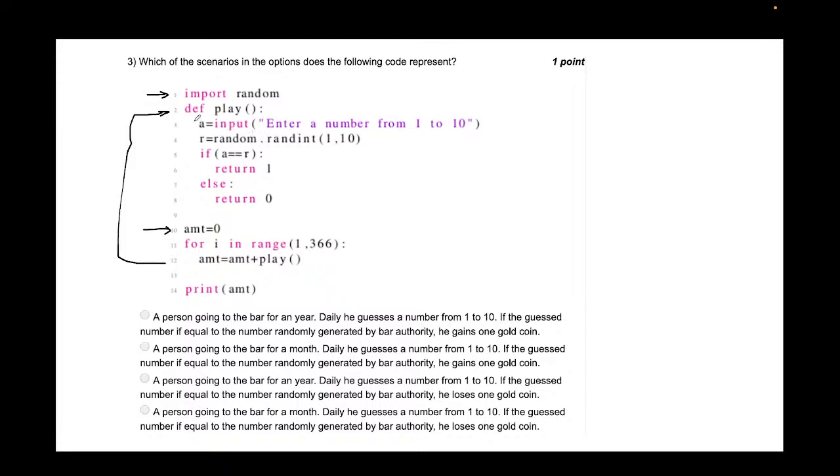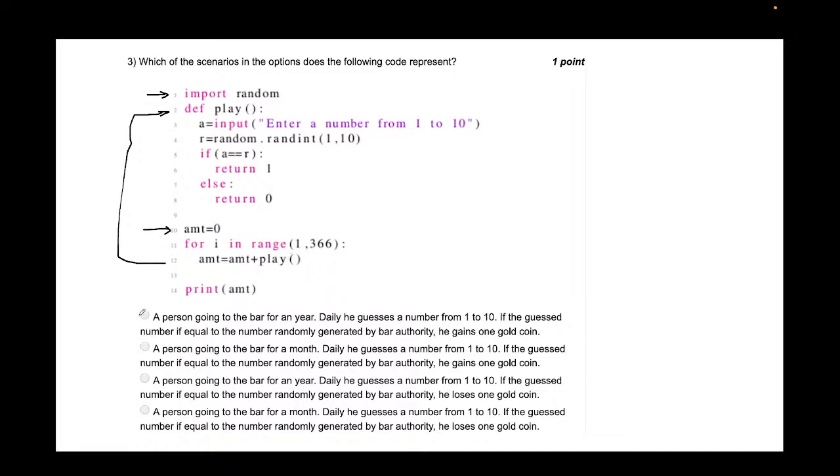If our guess A is equal to the random guess R generated by a second player or the computer, we win and we return 1. And our amount, basically our points, increases by 1.